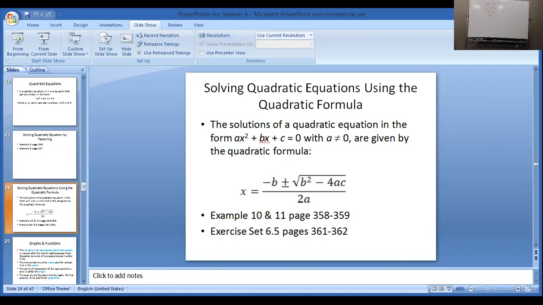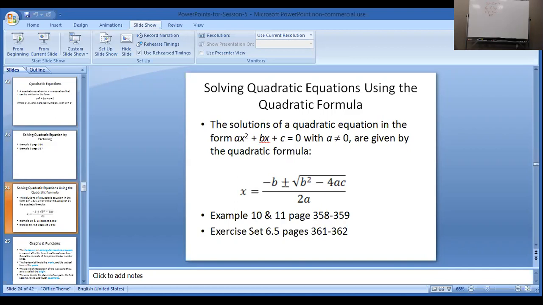You have 2x² plus 9x minus 5 equal to 0. So my a is 2, my b is 9, my c is minus 5. Keep that in mind. That's our quadratic formula. Plugging in the values for a, b, and c, the square root of 121 is 11, and the final answer is x equals minus 9 plus or minus 11 over 4.